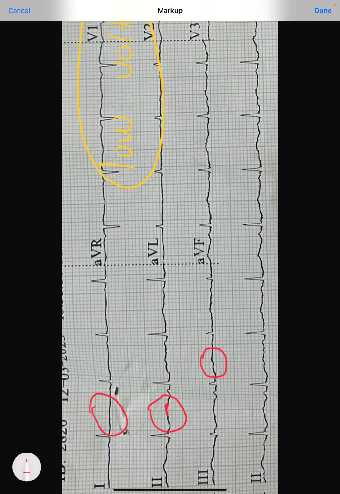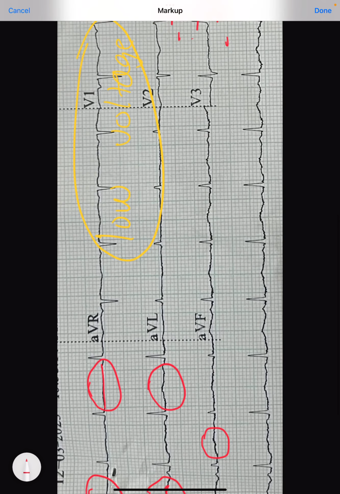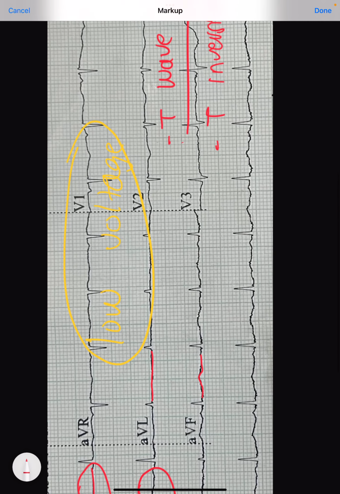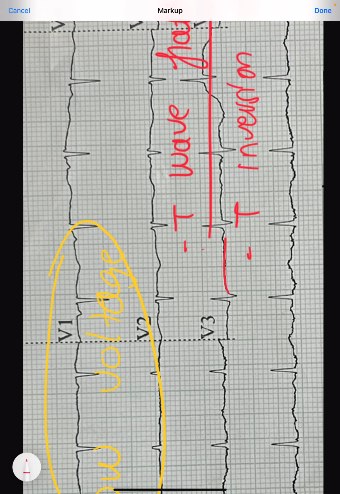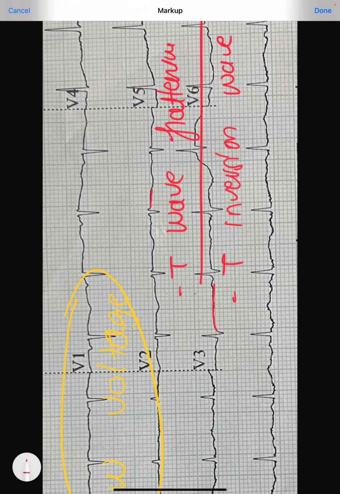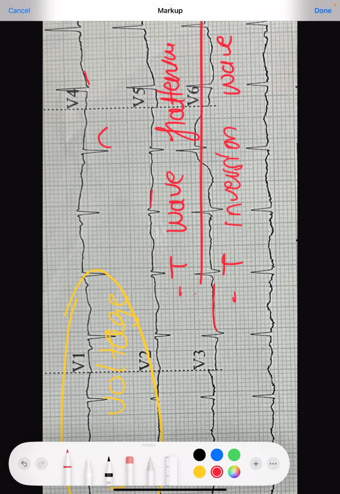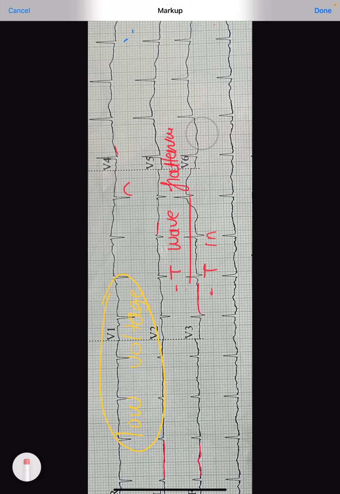We don't have a well-formed T wave here. See, it is all flat. Here also it is all flat. There is slight elevation here, but it is almost flat everywhere. Here it is completely flat. So we actually don't have a very good T wave, which should be positive. So presence of T wave flattening or T wave inversion highly suggests hypokalemia.